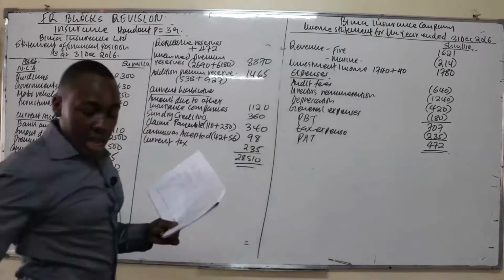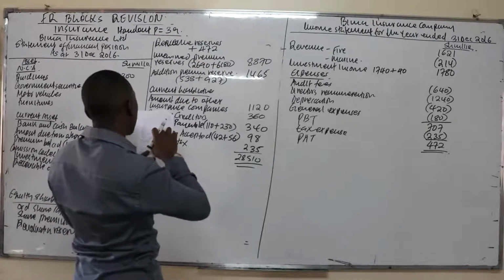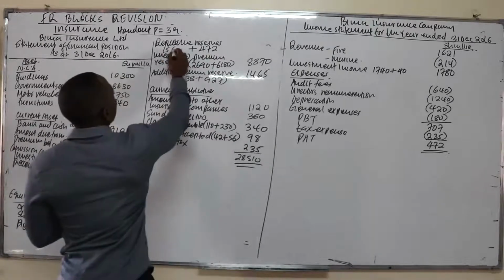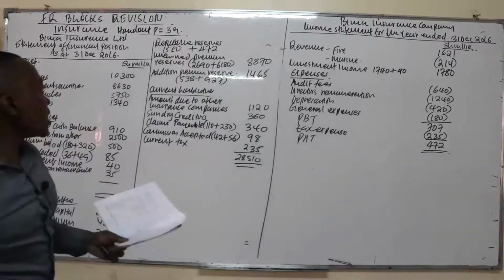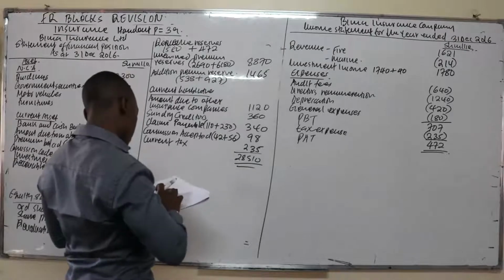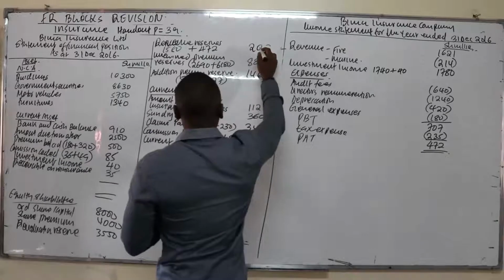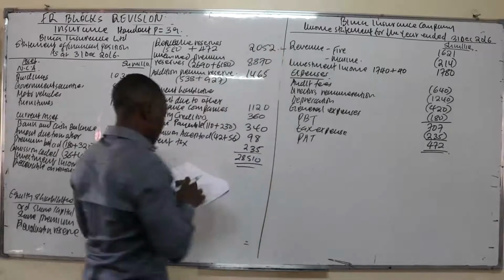The revenue reserve or the retained earnings was an amount of 1,580. So you add 472, you have an amount of 2052.